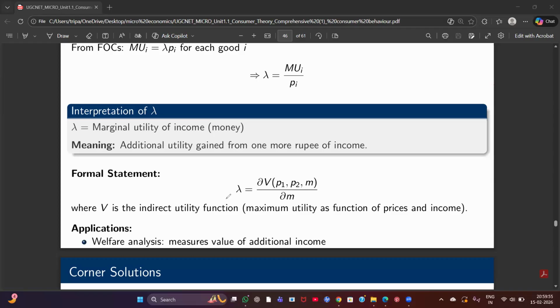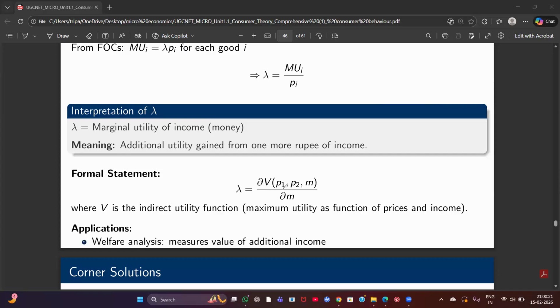ଏଠି ତ ଫର୍ମାଲ ଷ୍ଟେଟମେଣ୍ଟ କହୁଛି, the first order partial derivative of indirect utility function with respect to m is equal to lambda. So what is this right hand side explanation? If money income is changed by one unit, then how much my indirect utility is changing, that is the lambda.